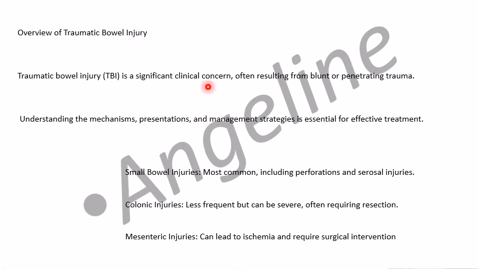It's a significant clinical concern, often resulting from blunt or penetrating trauma. Sometimes it can be a combination: somebody got punched and knifed, or somebody fell from a height onto a penetrating object. So you need to understand the mechanisms, presentation, and management strategies to offer effective treatment.